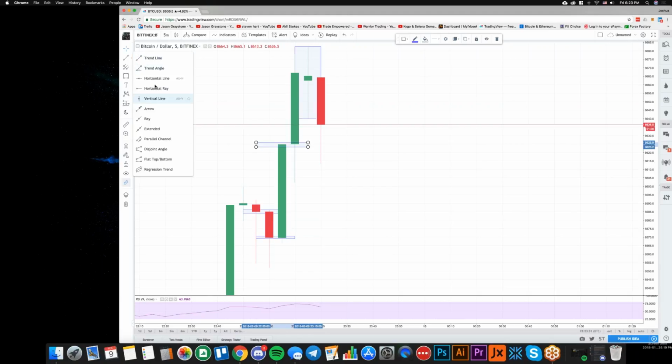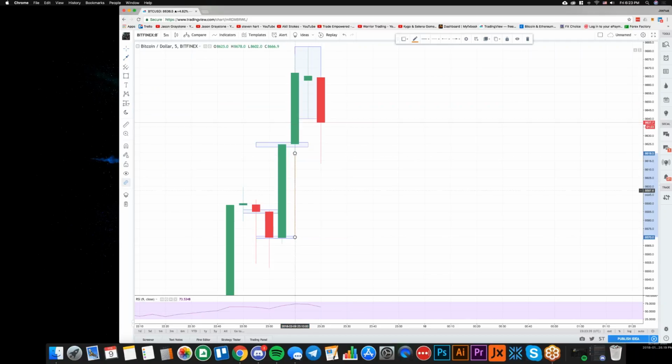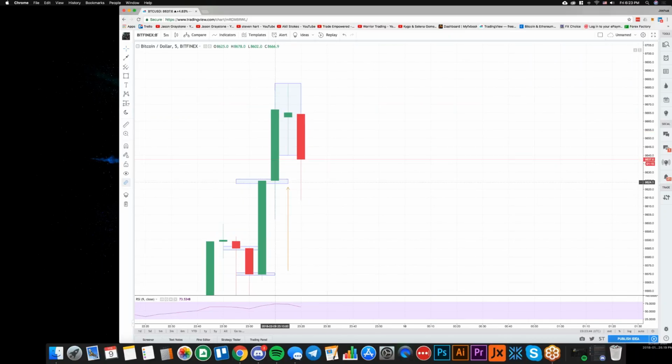So we have this movement up, and it closed green because it closed higher than where it opened. Same story here.